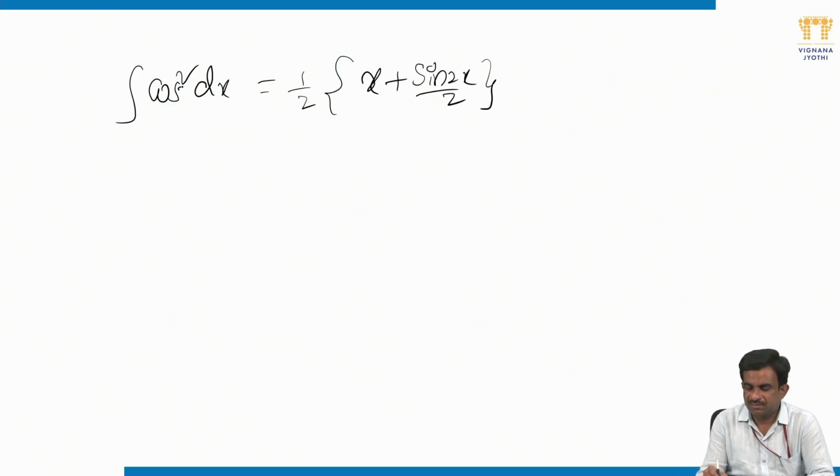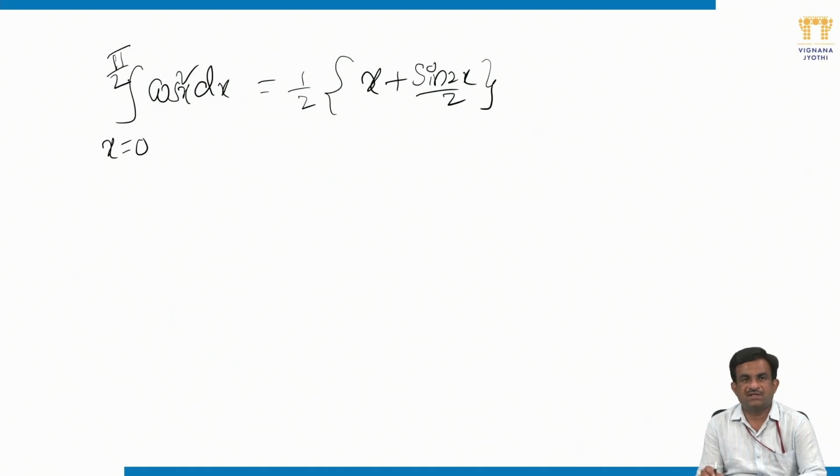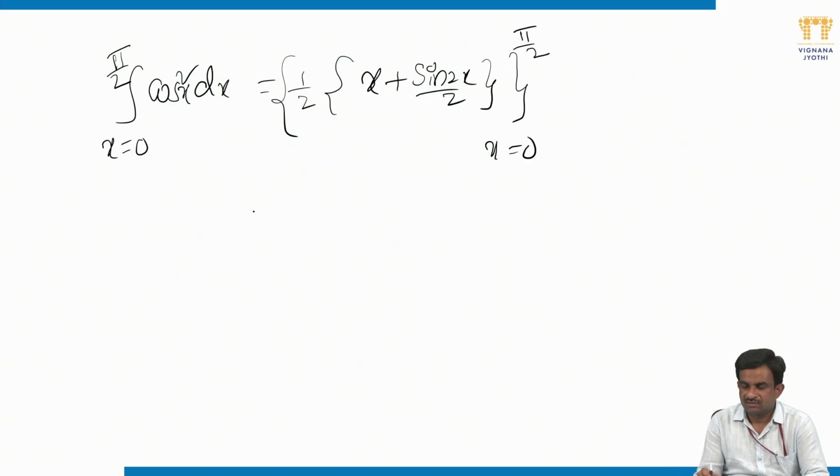The same problem, if they give it for the definite integral, suppose we are given the limits x is equal to 0 to pi by 2. As usual we have to evaluate the integration of cos square x dx, then substitute the limits between x is equal to 0 to pi by 2. So now this is equal to 1 by 2.